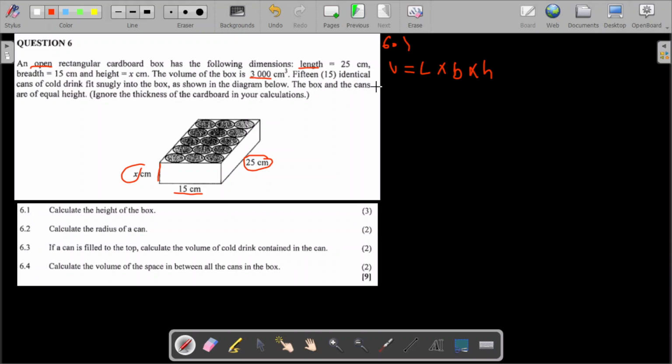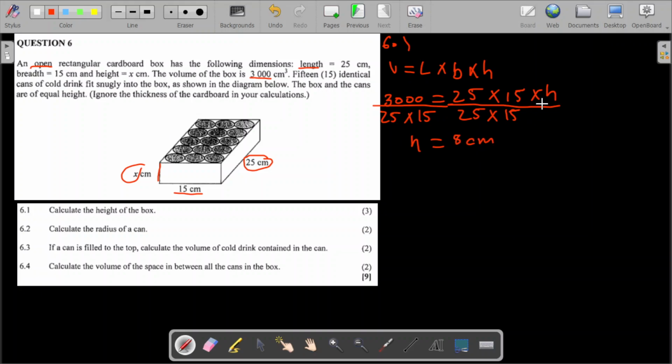We have the volume, which is 3,000, equals 25 times 15 times the height we are looking for. To get the height, we divide 3,000 by 25 times 15, which gives me a height of 8 centimeters.